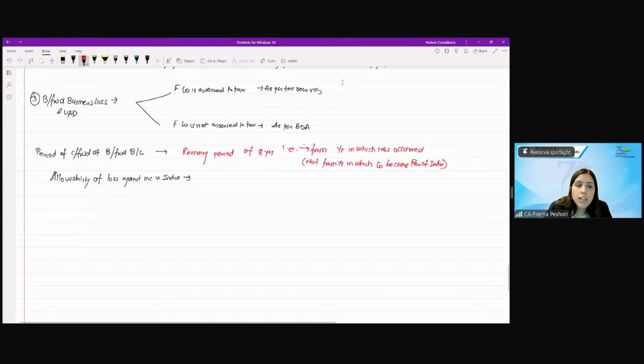So, this is brought forward business loss plus UAD, both.